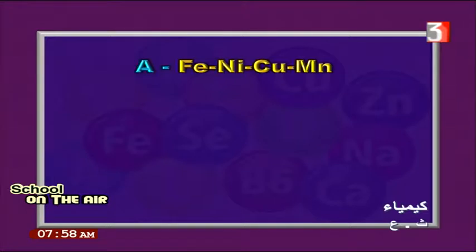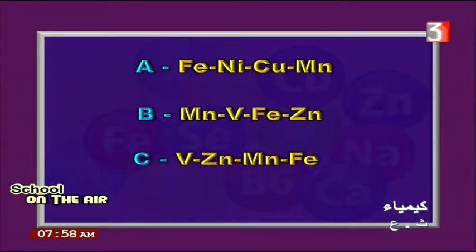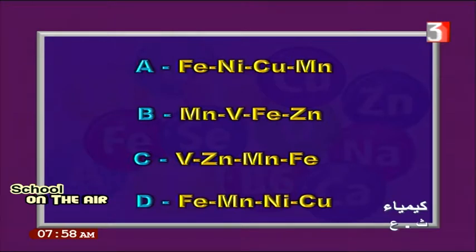A, Fe, Ni, Cu, Mn. This arrangement, right or wrong? Or Mn, V, Fe, Zn. Or V, Zn, Mn, Fe, or Fe, Mn, Ni, Cu.